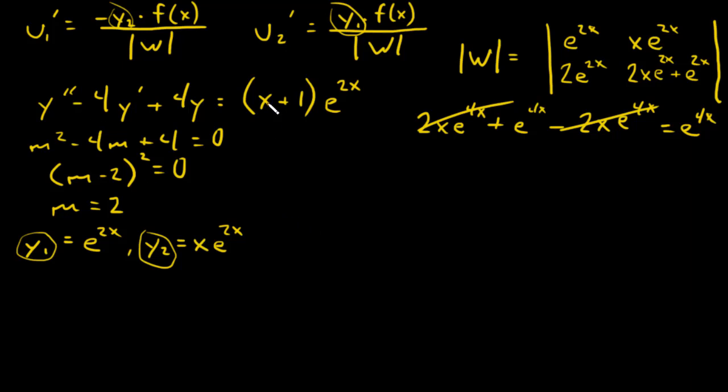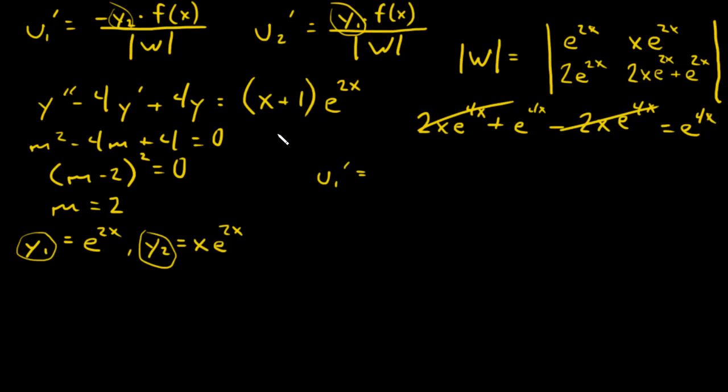u1 prime is going to equal this divided by the Wronskian. If you remember back when we had it, it's right here. I don't have to remember. So this is my f(x), right?